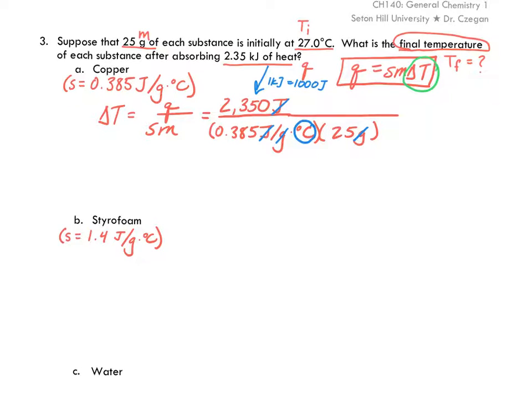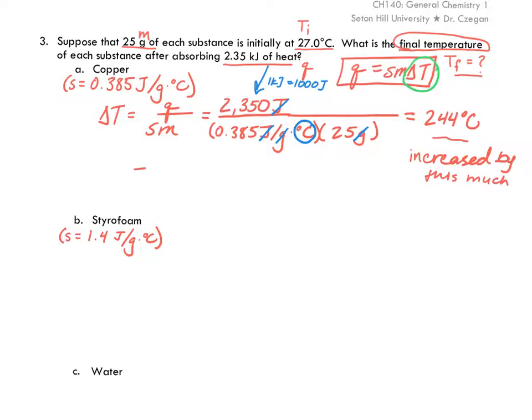So when we solve for delta T, what we end up with here is 244 degrees Celsius. This is not the final answer, though, because the question is asking for final temperature, not the temperature change. What we solved for was just the temperature change. So this tells us that the temperature increased by this much.